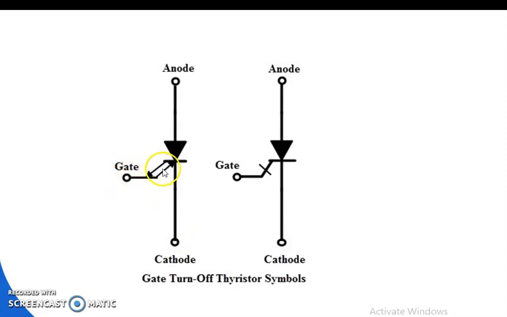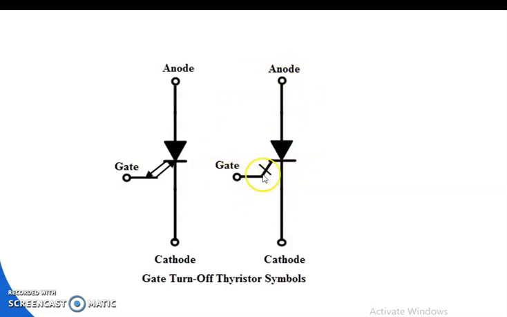See that there are 2 arrows here, one in this direction and a second in this direction. That means the gate terminal is bidirectional in nature, that is, current flows through it in 2 different directions. There is another method for drawing the symbol of the GTO, also having 3 terminals: anode, cathode and gate.